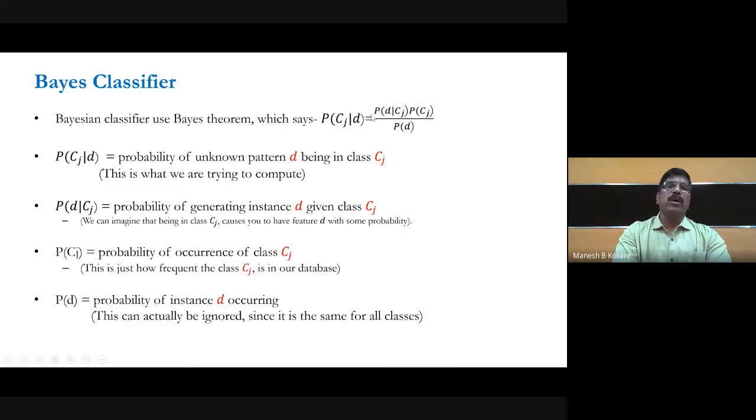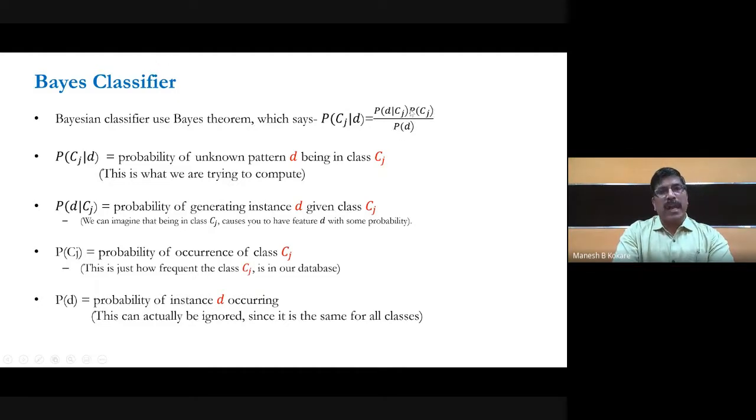We know the probability of generating D instances given class Cj, that is, the conditional probability, and we also know the probability of occurrence of that class Cj, and the total probability is known.